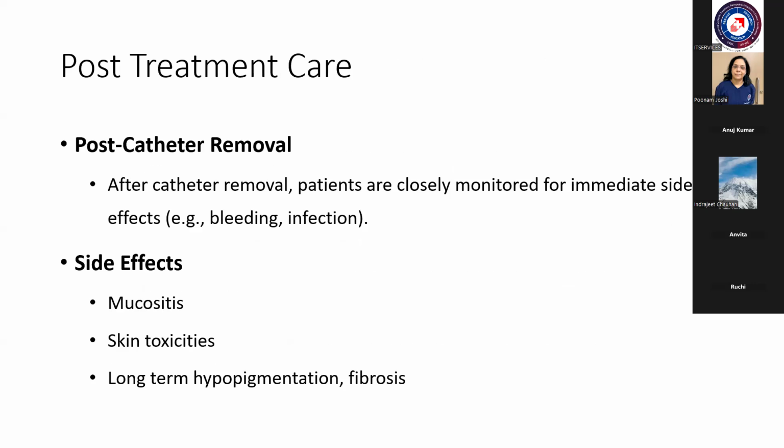And post-treatment care is also very important. Once we complete the treatment, we have to remove the catheters. The catheter removal also we do in the operating theater with all the facilities, and we make sure that the patient is not bleeding and post-treatment instructions are followed.